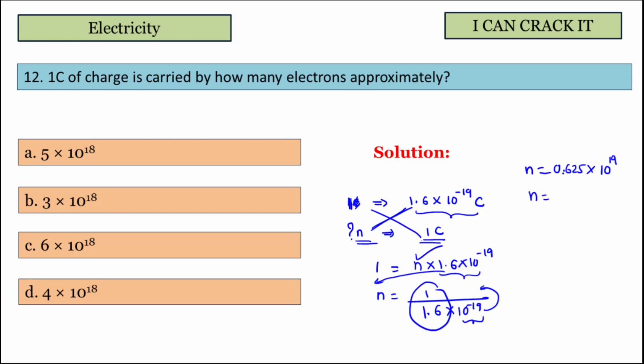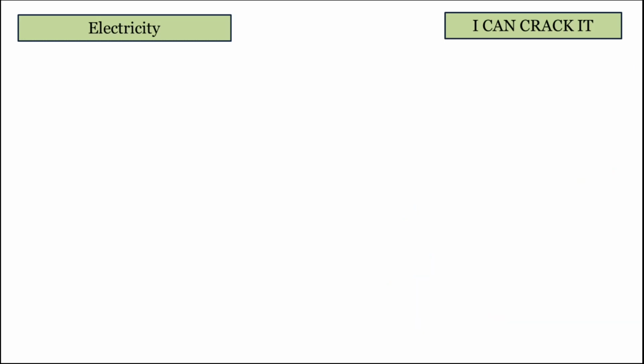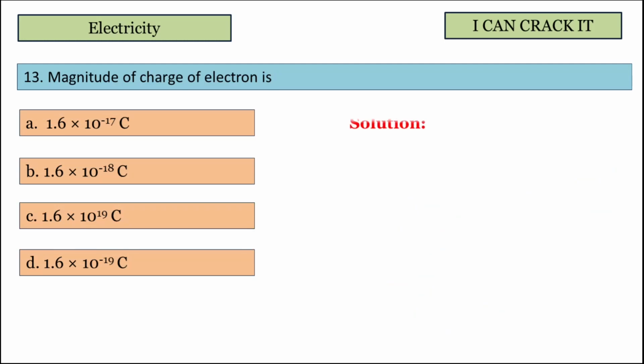Now, n is equal to, if I shift this point here, you get 6.25 into 10 raised to 18, because you are shifting 1 point towards the right side, so you should decrease the power. It is nearer to 6 into 10 raised to 18. Which option? Option C, 6 into 10 raised to 18. Right. Let's see the next one now.